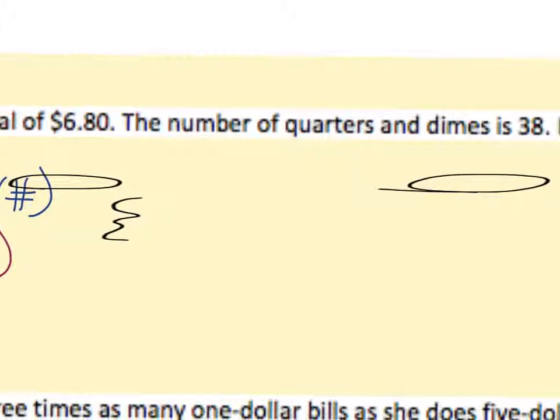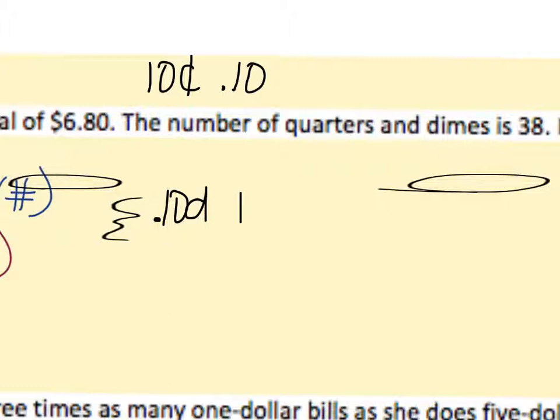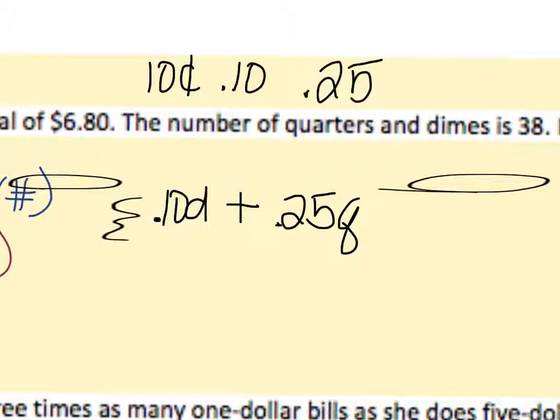So let's start with the money. The quarters and dimes. Dimes are 10 cents, but we don't want to use 10. We're going to use 0.10 because that represents 10 cents in terms of money. So we're going to say 0.10D plus 0.25Q, because a quarter is not 25, it's 25 cents, so we need that decimal place in front of it.